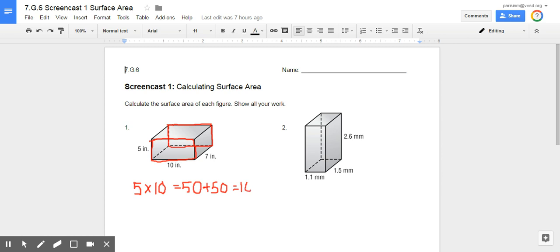Then we get 100 inches squared, and that's for the front piece and the back piece of the rectangular prism.